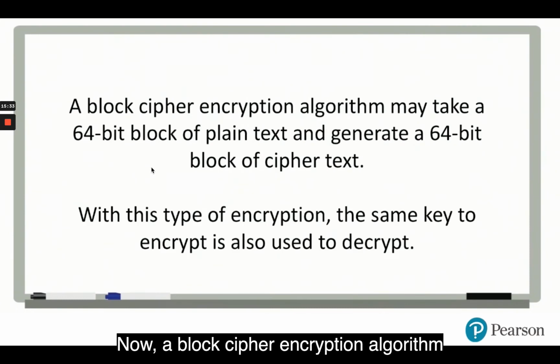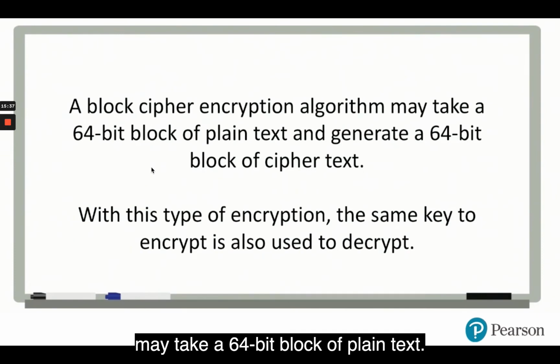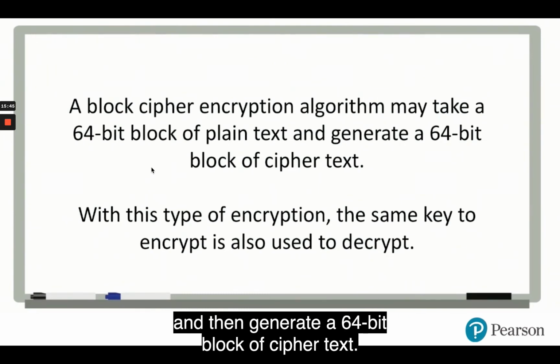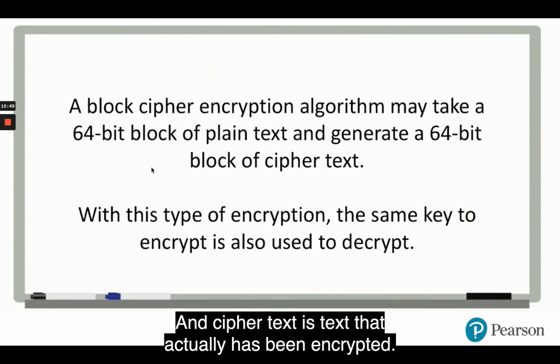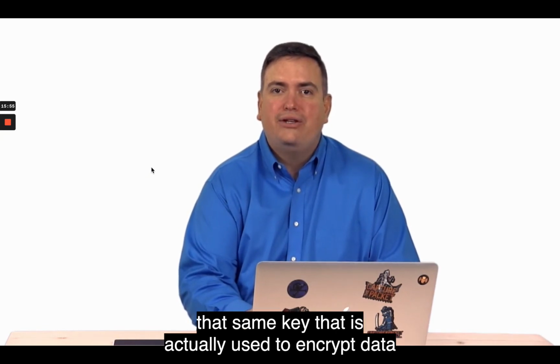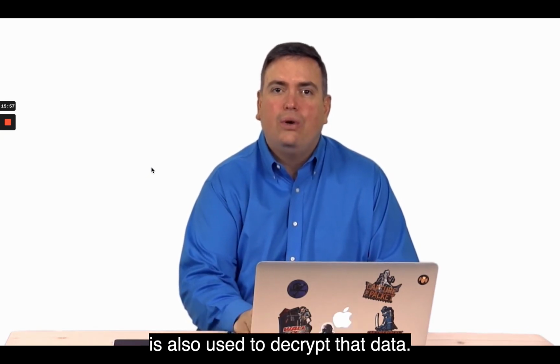Now, a block cipher encryption algorithm may take a 64-bit block of plain text, so again, traffic or data that hasn't been encrypted, and then generate a 64-bit block of ciphertext. And ciphertext is text that has been encrypted. And with this type of encryption, the same key that is used to encrypt data is also used to decrypt that data.